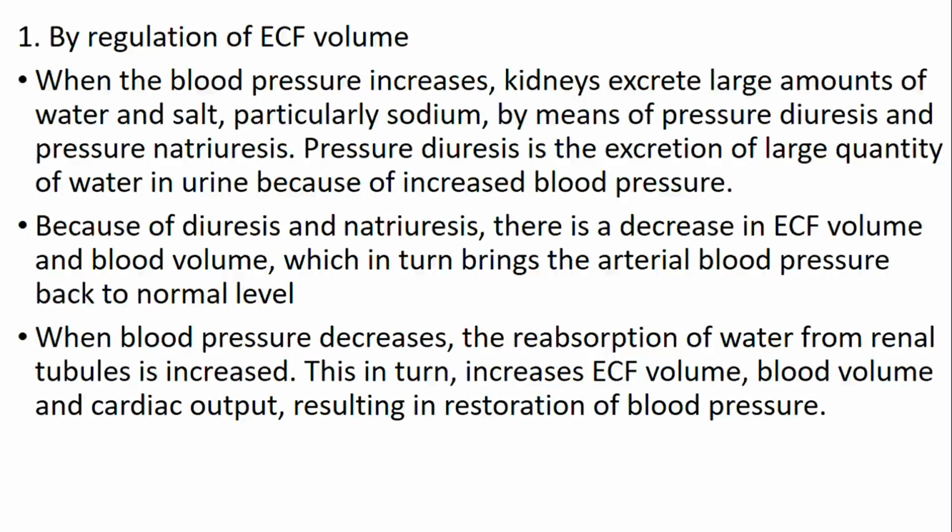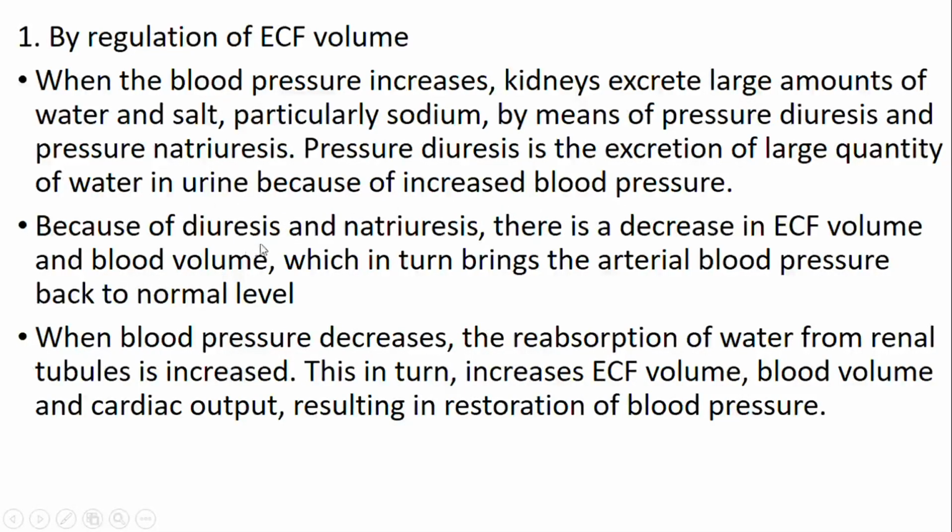First is regulation of ECF volume. When the blood pressure increases, the kidney excretes a large amount of water and salt, particularly sodium, by means of pressure diuresis and pressure natriuresis. Pressure diuresis is the excretion of a large quantity of water in urine because of increased blood pressure.